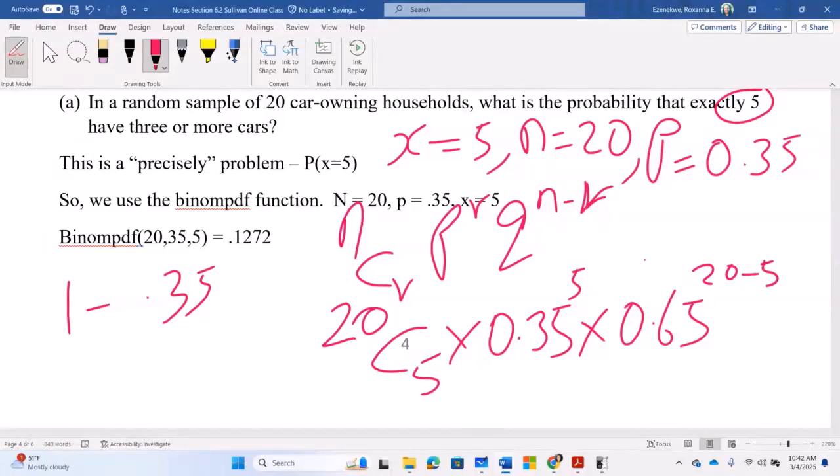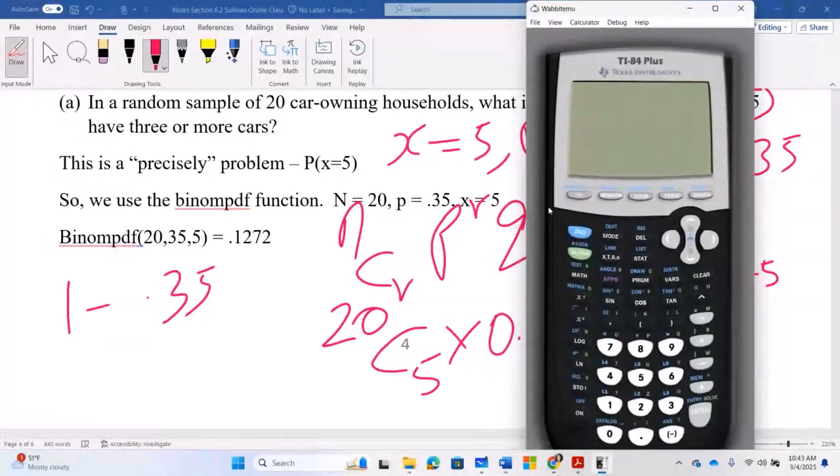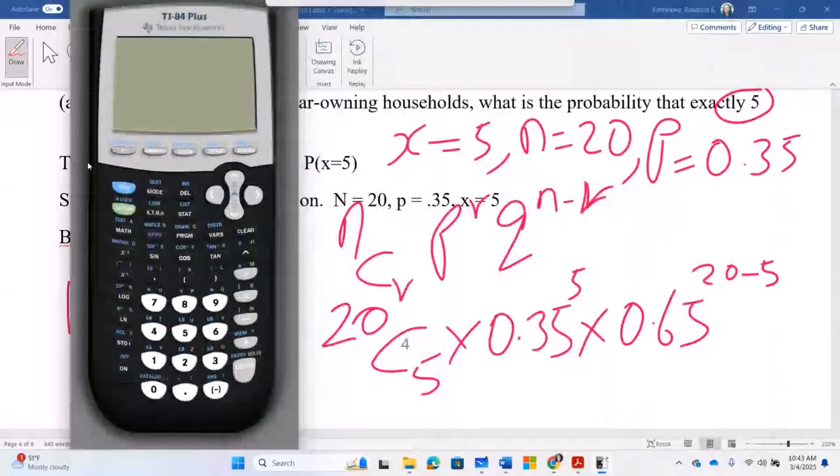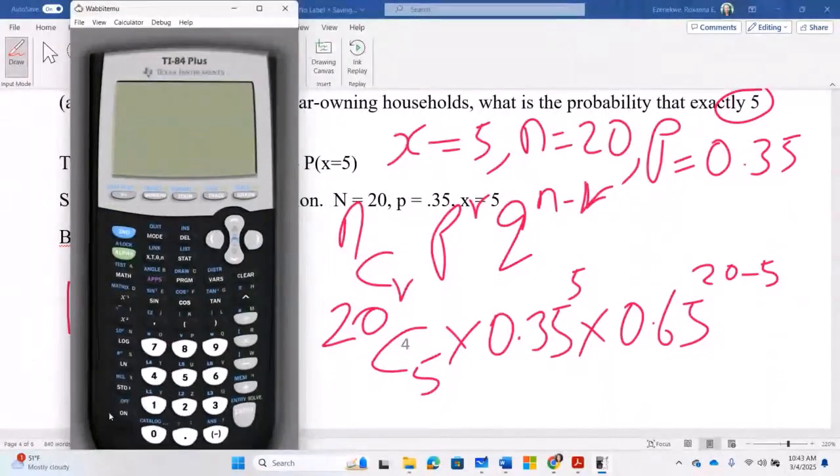Now we have to simplify. So you put this in your calculator. I'm going to show you 2 ways of doing this so that you know you can do it. I am going to evaluate the formula, and then when I finish evaluating it, I also do it with binomial PDF. So 20 combination 5. Remember how to get combination.